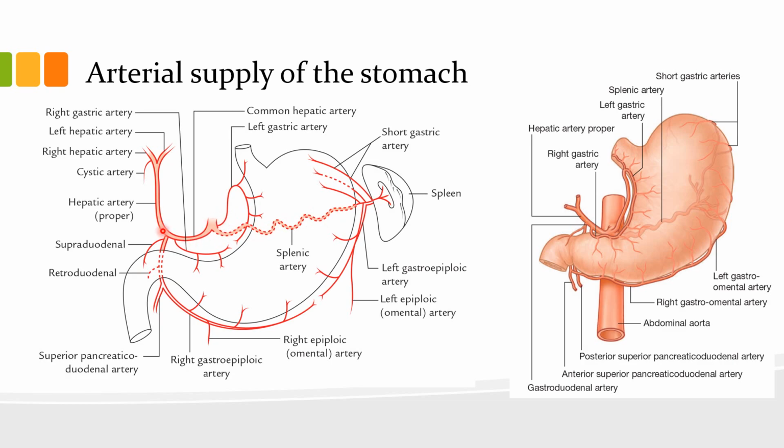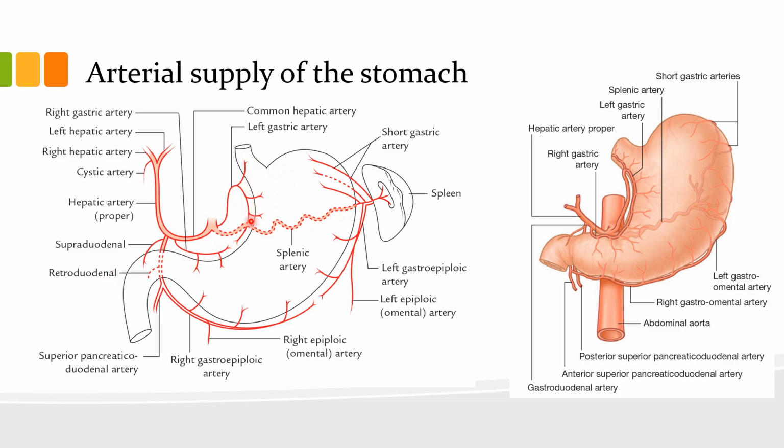And an artery that goes towards the liver, this is the common hepatic artery. Then this common hepatic artery divides into the proper hepatic artery upwards and the gastroduodenal artery downwards. From now on, so we don't get confused with the directions of the stomach, anything in the direction of the esophagus and the spleen, this is the left side. And in the direction of the pylorus and the duodenum, this is the right side.